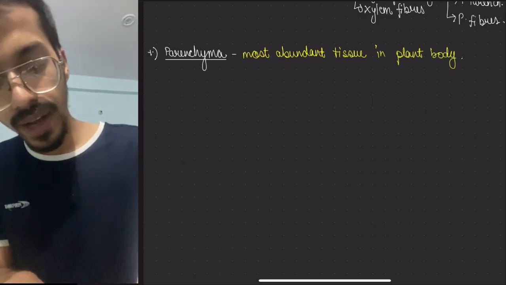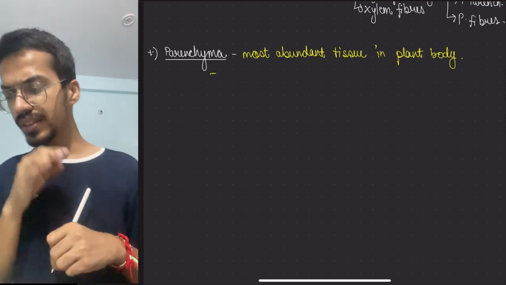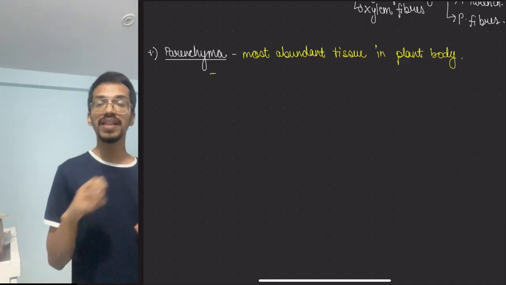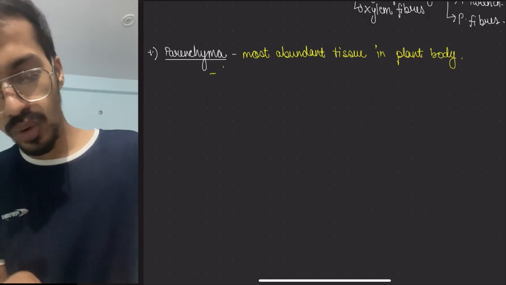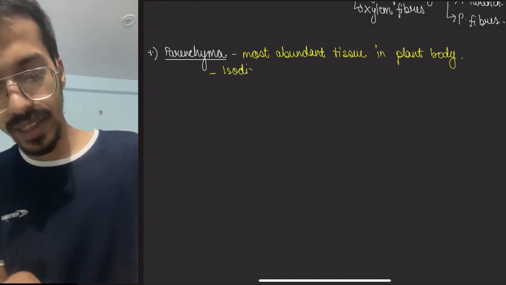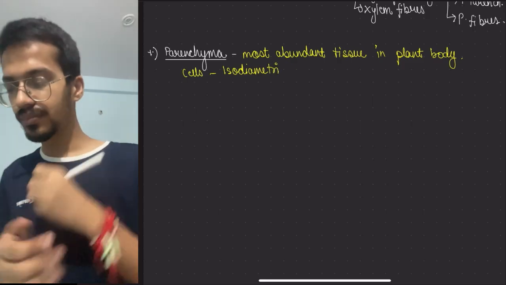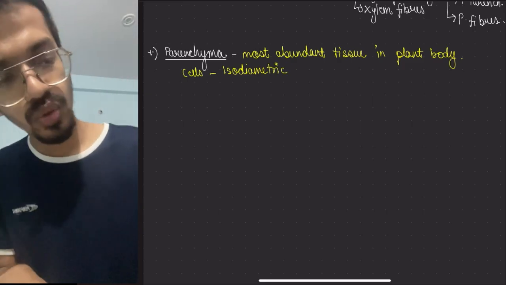Okay, next point that we will remember about this parenchyma: their cells are isodiametric, means their diameter is almost the same. So how will they look?